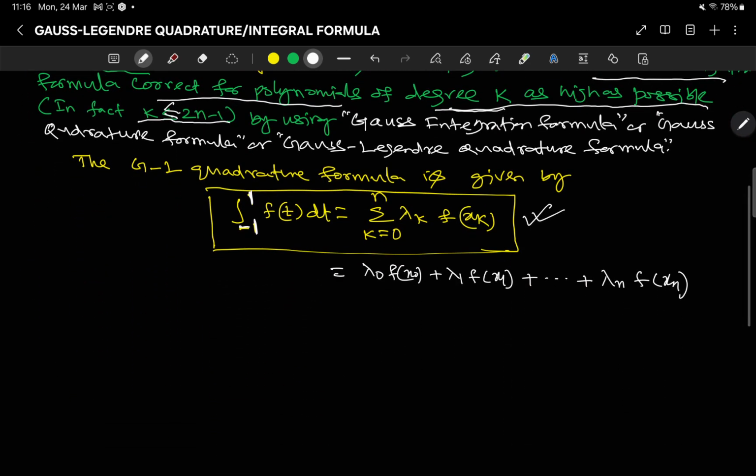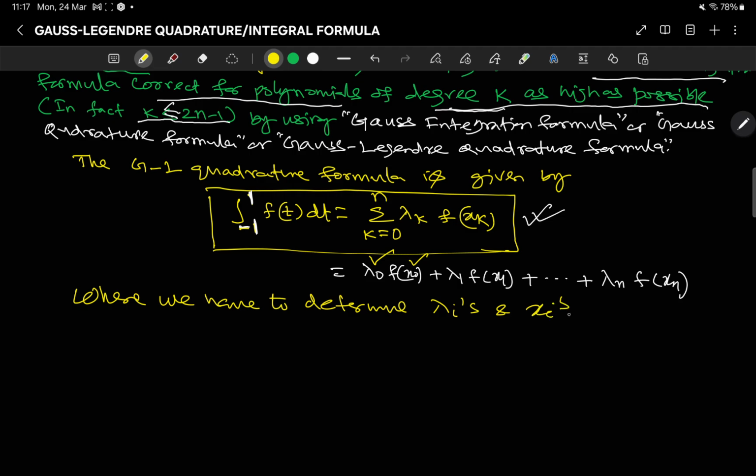However, here we have to obtain both lambda i and xi, meaning we have to find lambda 0, lambda 1, lambda n and x0, x1 and so on up to xn, where we have to determine the lambda i's and xi's, and the limit of the integral should be from -1 to 1.